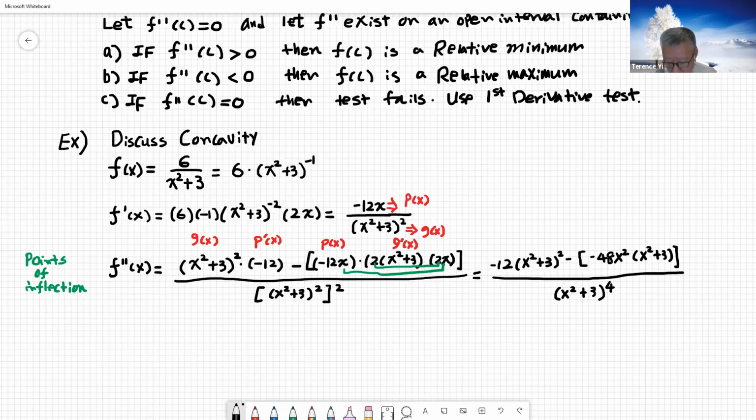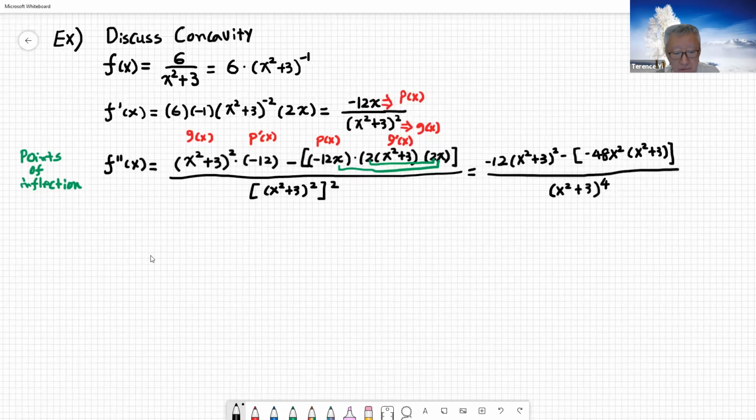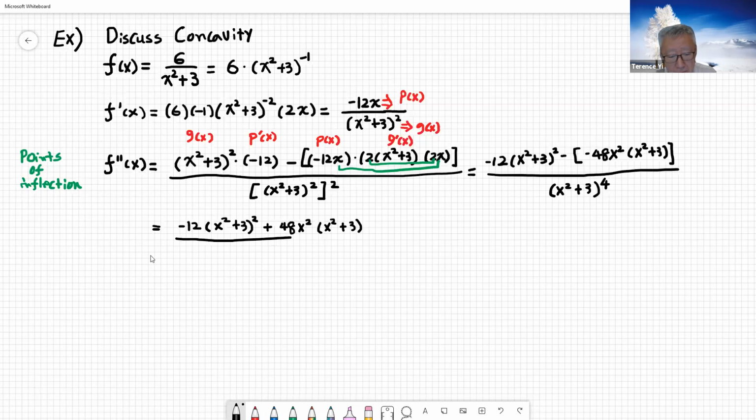Okay, that's okay so far. Now let's rewrite this so I can eliminate the bracket over there. So I got minus 12, and I have (x squared plus 3) squared, and I have a plus 48x squared, and I have x squared plus 3, divided by (x squared plus 3) to the 4.